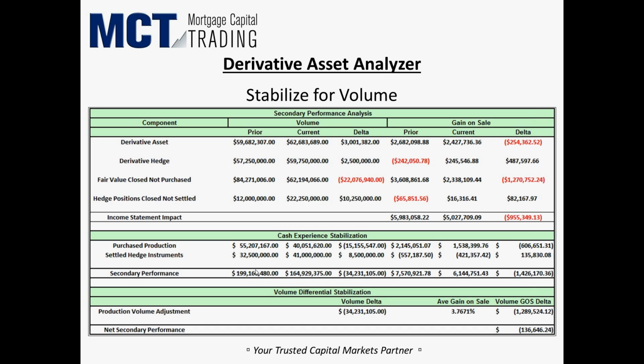So you'd expect a 1,289,524 drop in the gain on sale. Now when we net the 1.2 million out with the 1.4, you can see that we have a much more manageable number of $136,000 month-over-month change. And so that is the whole essence of the analysis.